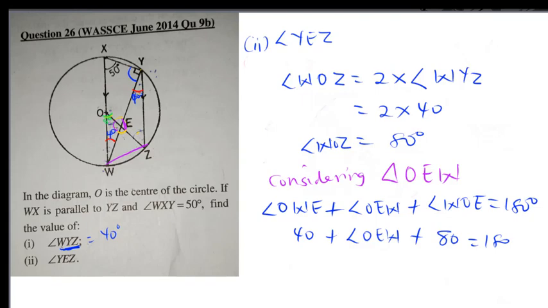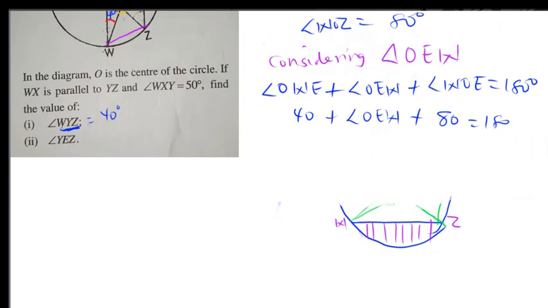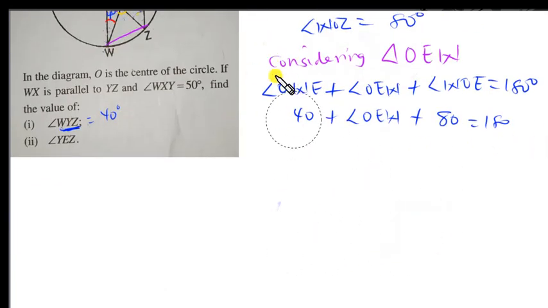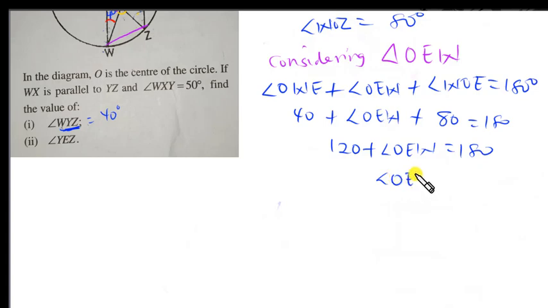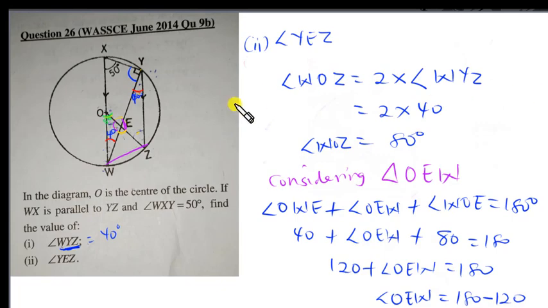Let's simplify this. 80 plus 40 is 120, and we have 180. So angle OEW is 180 minus 120, so angle OEW is 60 degrees.